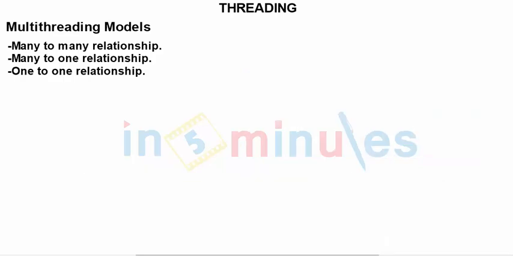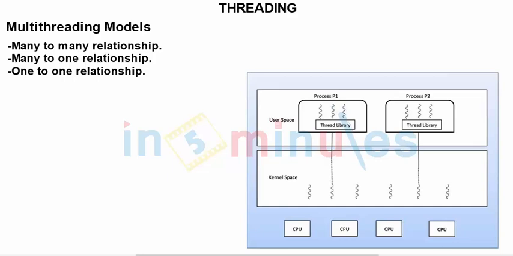Another model we have is the many-to-one relationship. This is generally used when you have hardly any space in the kernel, because in this, n number of threads at the user mode will be mapped to one single thread in the kernel mode. The basic logic behind this is very simple: due to lack of availability of space, we only provide one possible thread in kernel mode.